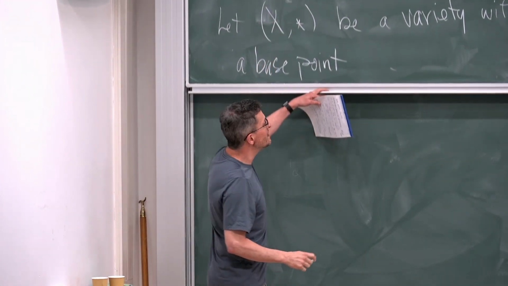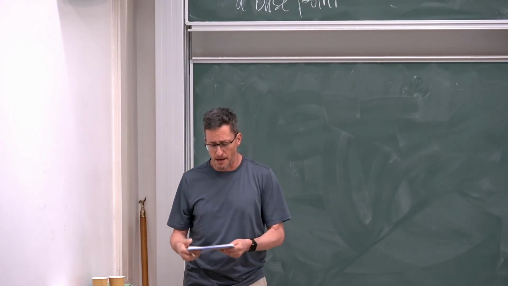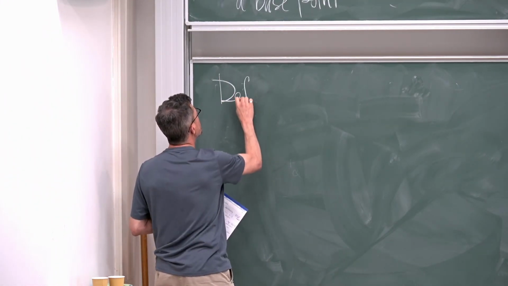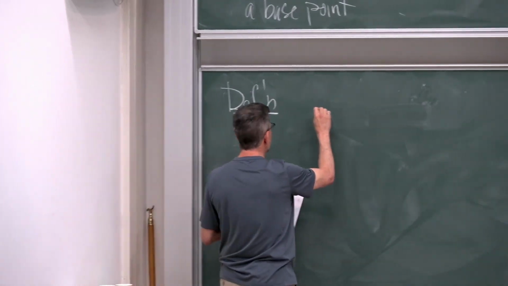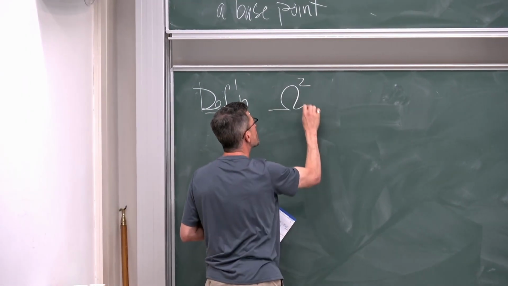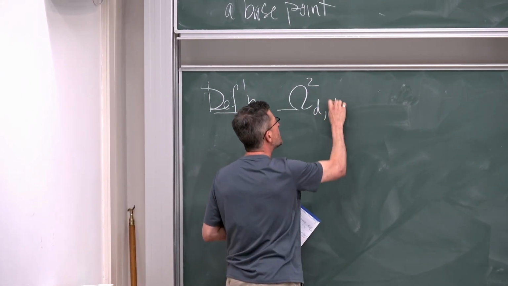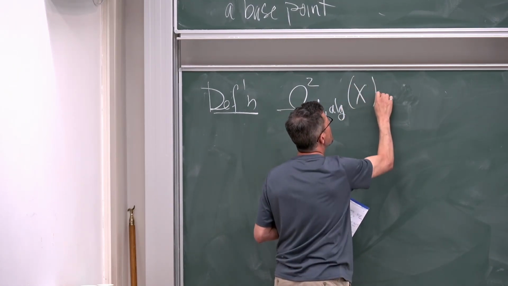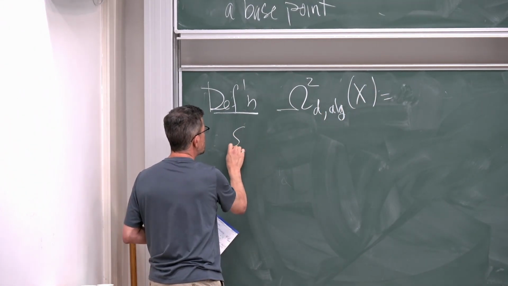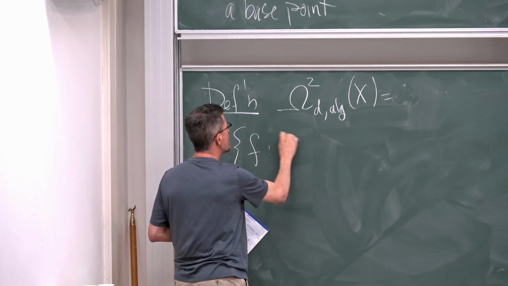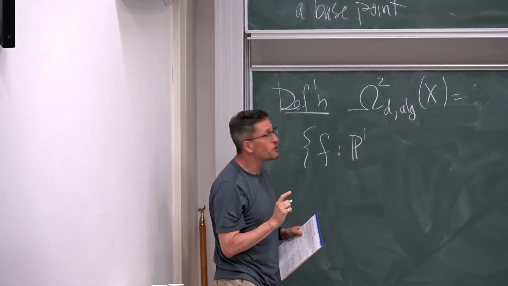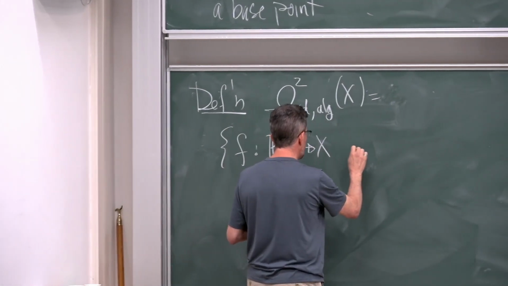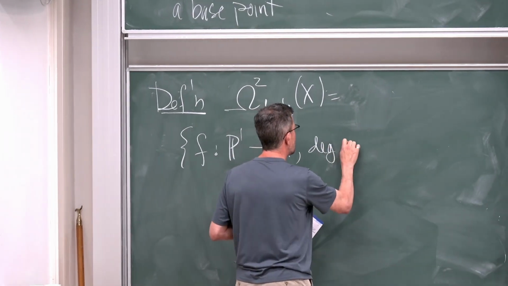And let's define an algebraic double loop space as follows. Very simple thing. We'll call it Ω²_alg of X, this thing. This is going to be maps from this parameterized P1 to X, of degree d.